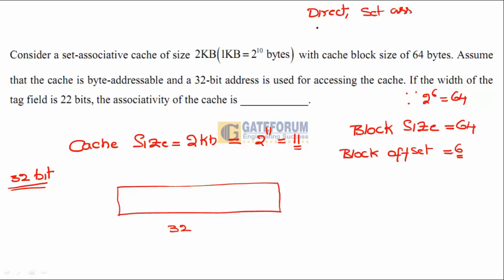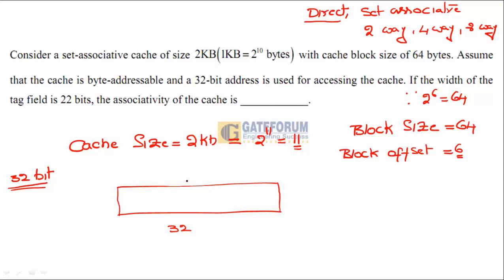If there is no associativity, it can be considered direct mapping, and if there is associativity, it can be considered set associative. This set associative can be either 2-way or 4-way or 8-way and so on. Now we need to find out what is the associativity of the cache, which is pretty simple to do.